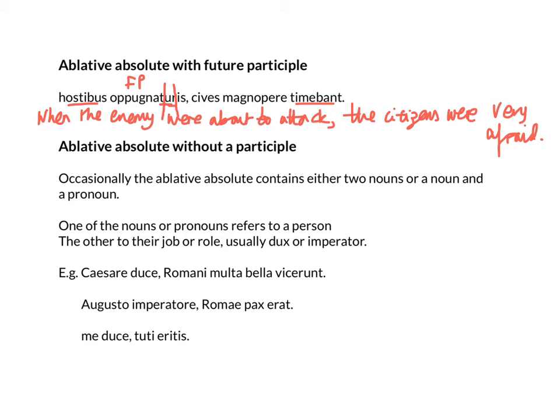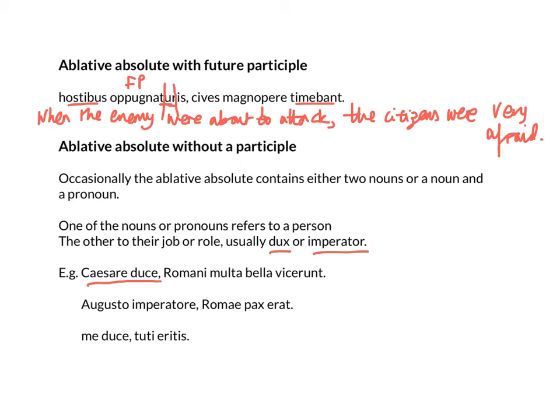And actually they're fairly limited in vocabulary. Most common words used in this sort of ablative absolute is the word dux, which means leader, or imperator, which, as you know, means emperor or general. So let's see how these should be translated.